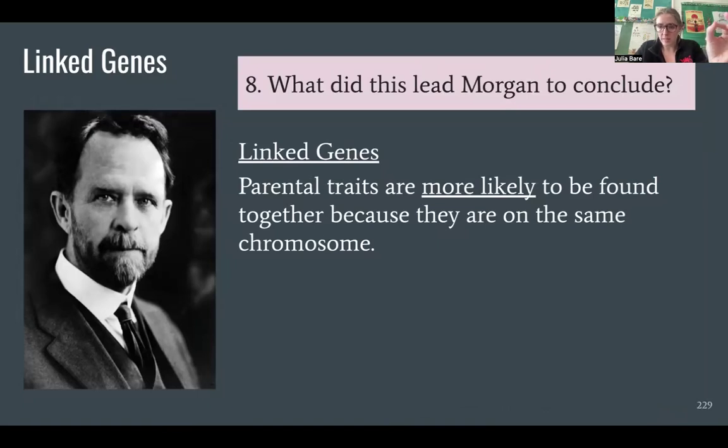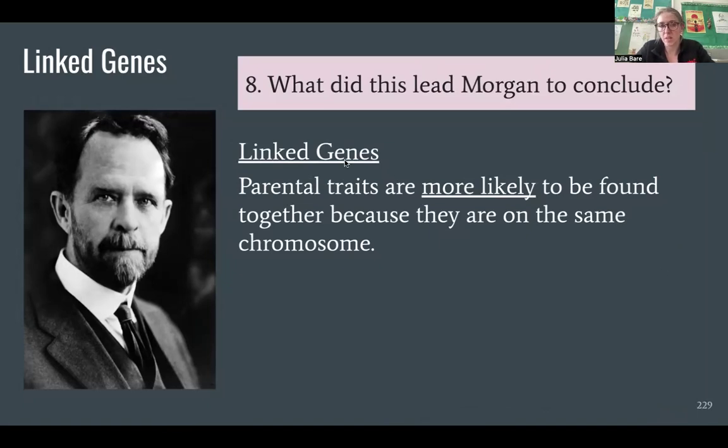Since these observed and expected traits were not close enough together based on the chi-squared analysis, this led Morgan to conclude that sometimes parental traits are more likely to be found together because they are on the same chromosome.